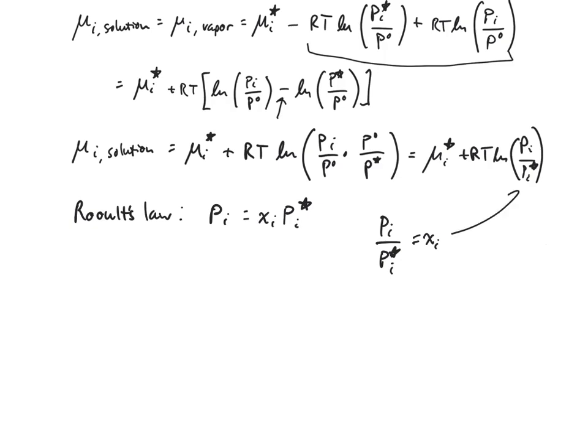And so we can just plug that right in there. So that just means that mu I for our solution is the chemical potential of the pure substance plus RT log mole fraction for ideal solutions.